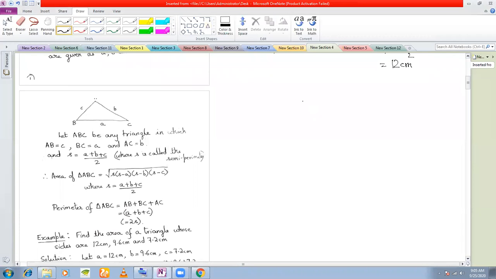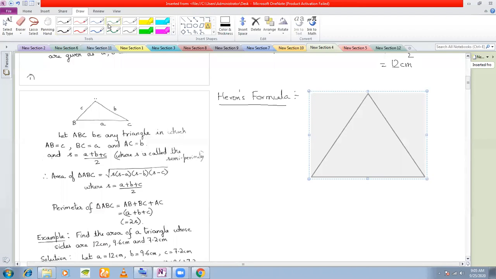Okay, what is Heron's formula then? It is another formula for finding the area of a triangle. If you have a triangle ABC such that, remember this, the length of AB is c, the length of BC is a, and the length of AC is b.